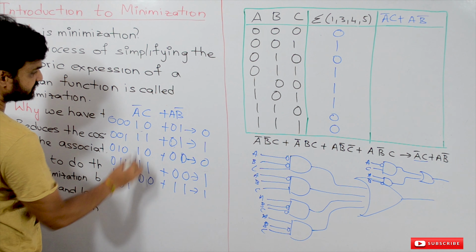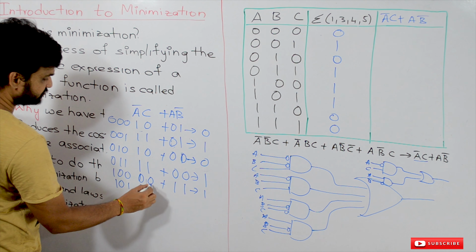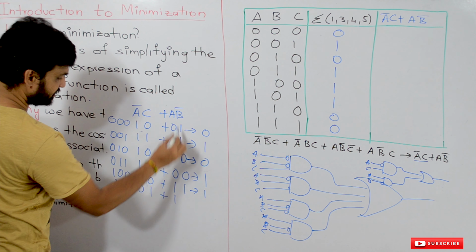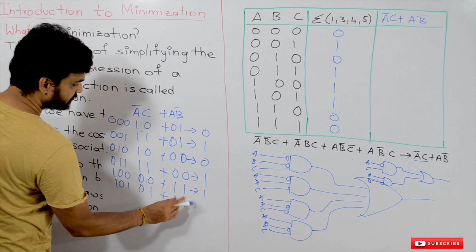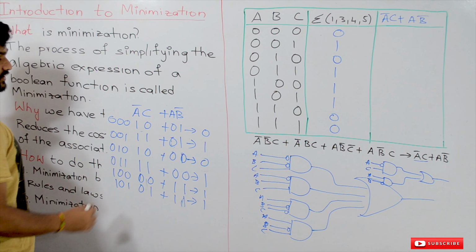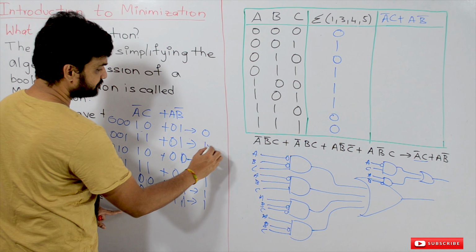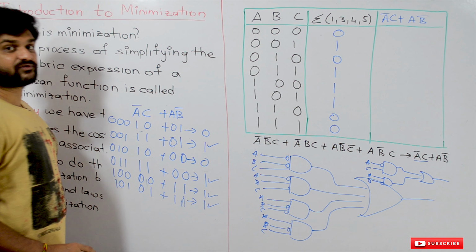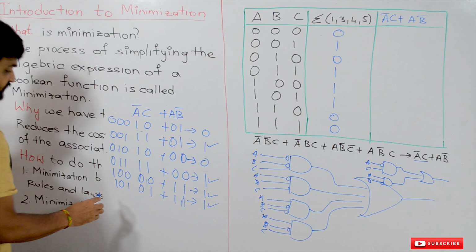If you take 1 0 1, A complement is 0, C is 1, and similarly A is 1 and B complement is 1. So it is also producing an output of 1. Wherever we have 1, 3, 4, 5, the outputs are 1, similar to that function.